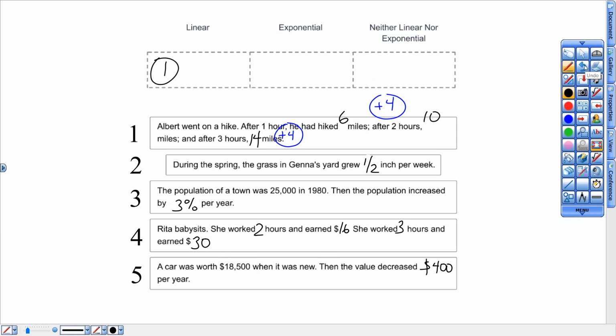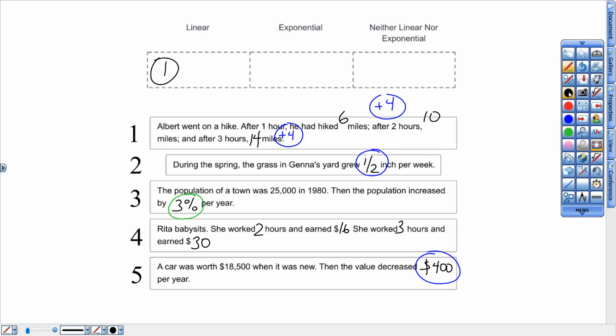All right, next one. Any of these, if you do not have a percent, that's going to be linear. Look for problems that don't have a percent. Those are linear. Anything with a percent, though, exponential. So you got some easier ones there too.